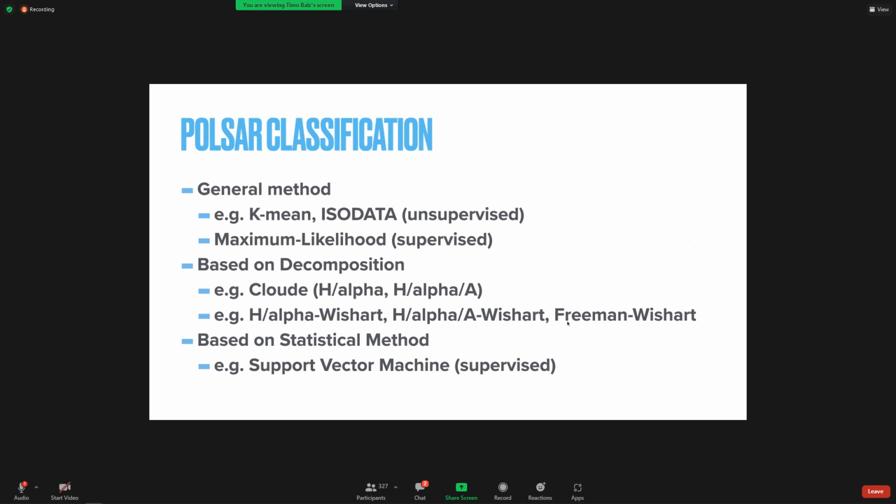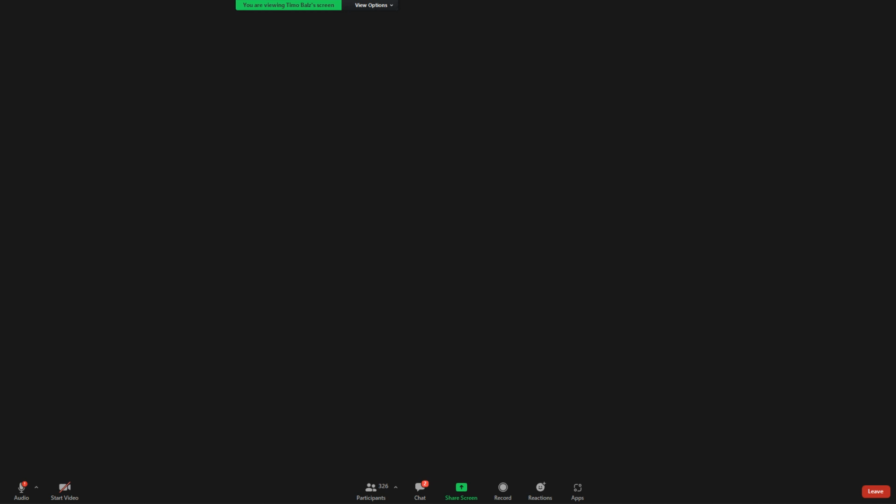As we had the question on software, right? For those of you who are interested in polarization or want to learn about polarization, there's a great free tool from the ESA, the European Space Agency, PolSAR Pro, and you can download it for free. It has lots of these decompositions inside and tutorials on polarization.